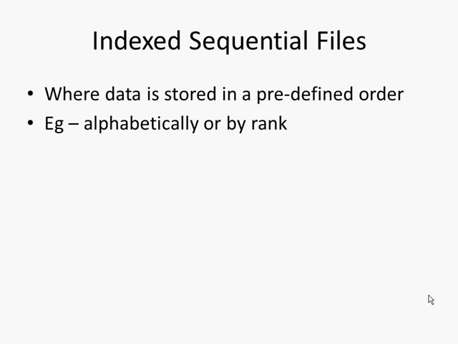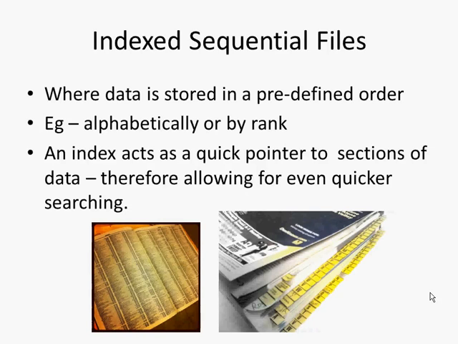A variation on the sequential file structure is indexed sequential files. So data again is stored in a predefined order. The difference with index sequential files is that an index acts as a quick pointer to sections of data, therefore allowing for even quicker searching.